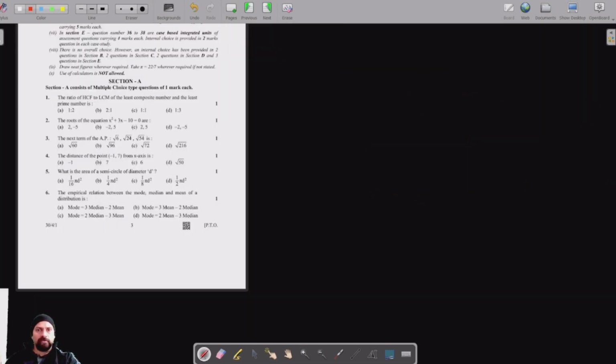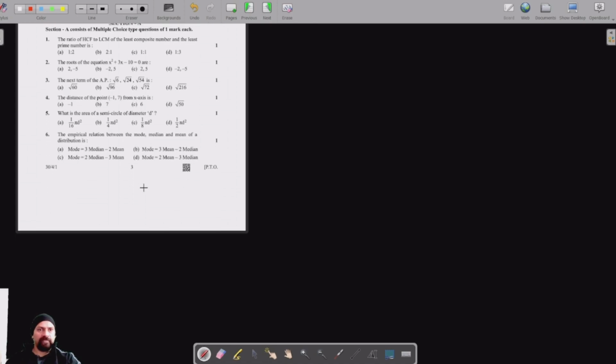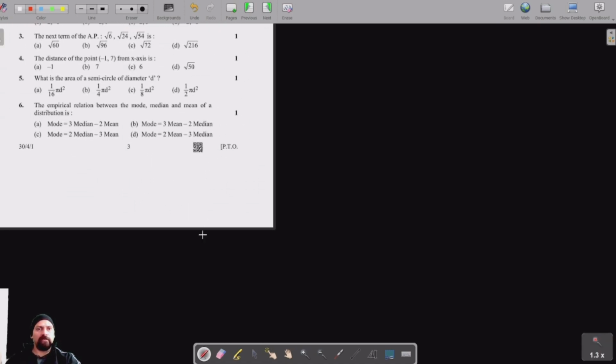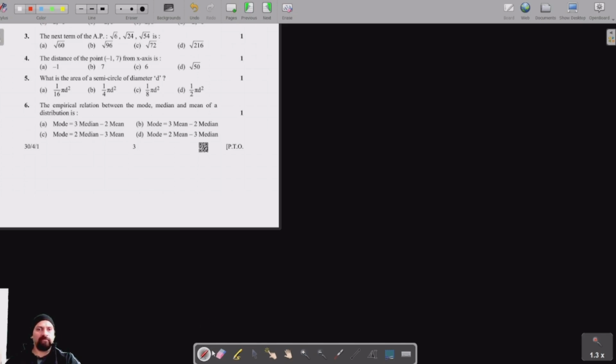For question number 4, we have to find the distance of the point negative 1, comma 7 from the x-axis. So negative 1 is here, and 7 is here, so this is a point in the second quadrant, negative 1 comma 7.